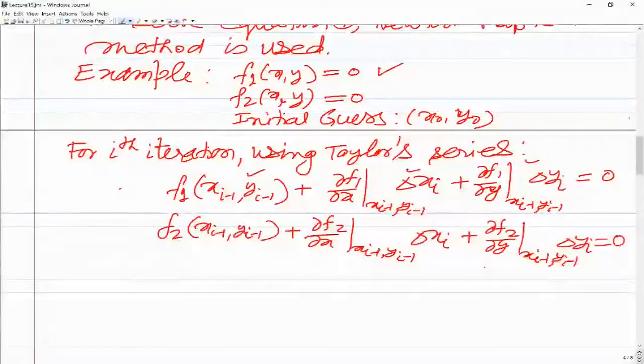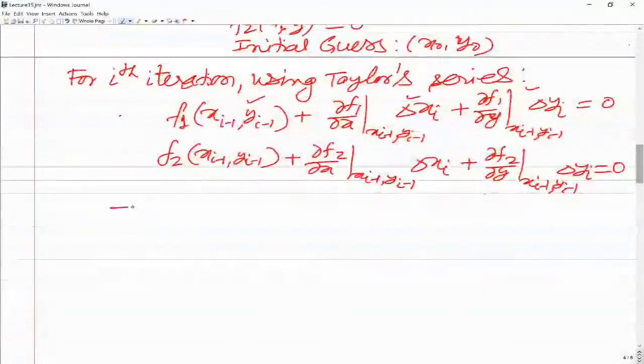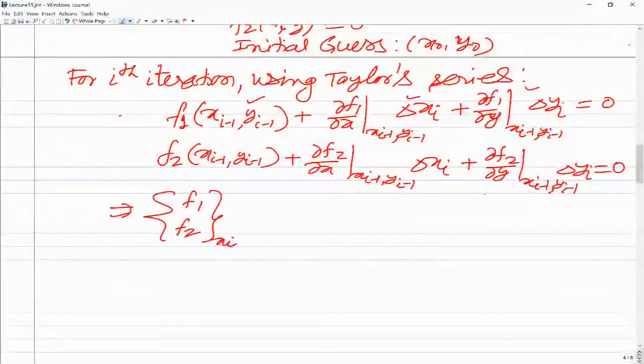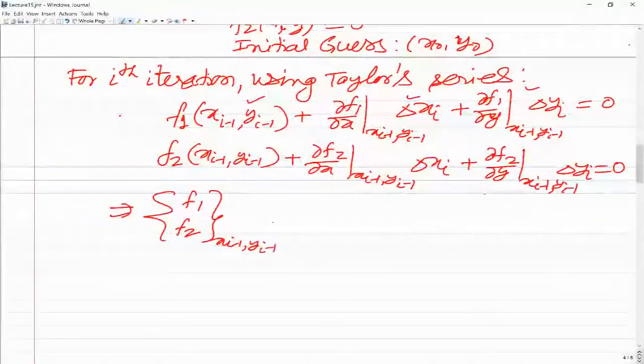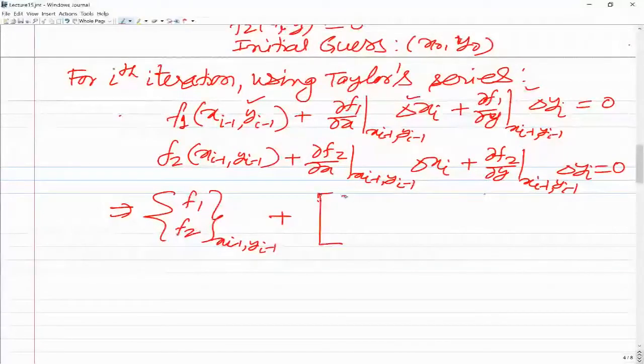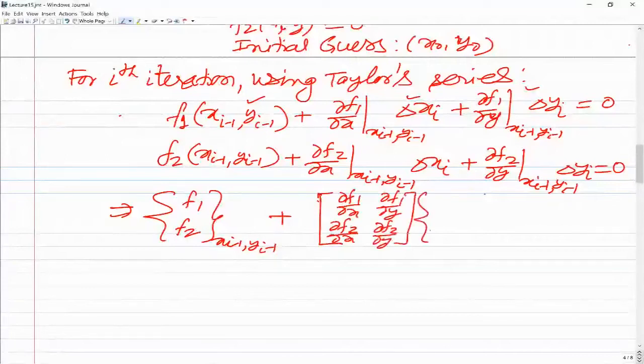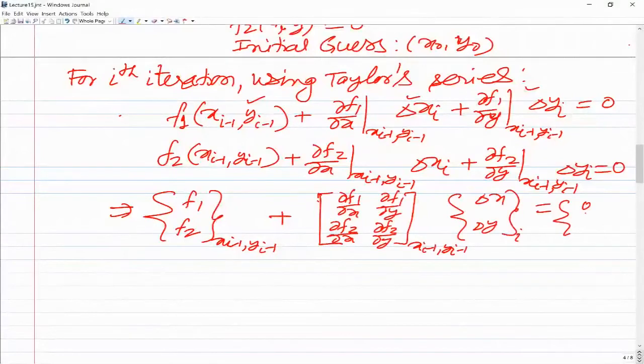So now if you combine these equations together, you can write this set as f1, f2 evaluated at x_{i-1}, y_{i-1}, plus the gradient matrix: del f1 by del x, del f1 by del y, del f2 by del x, del f2 by del y, evaluated at x_{i-1}, y_{i-1}, and then into delta x, delta y for the ith iteration. This is equal to a null vector.